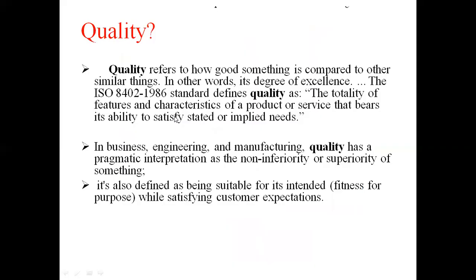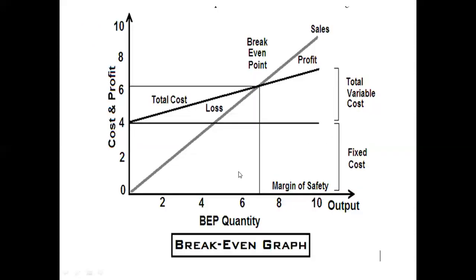So based upon this angle, whenever the angle is large, it indicates large profits are being made, whereas if the angle is small, it indicates less profit. Then coming to the next, margin of safety.